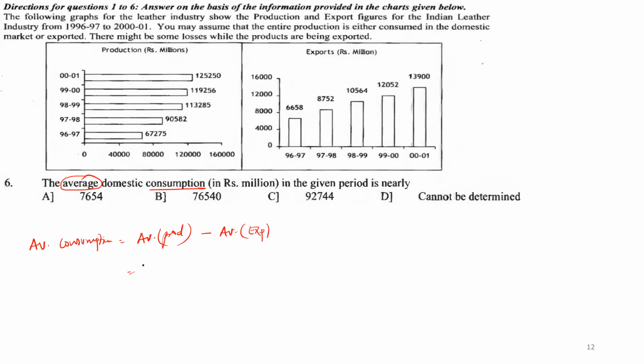Average production we have already calculated in one of the questions. I think question number 2 में था 1,03,000 types. In a similar fashion, you can calculate the exports also. वो 10,000 types आ जाएगा. So your answer will be in the range of 93,000. That means your third option.